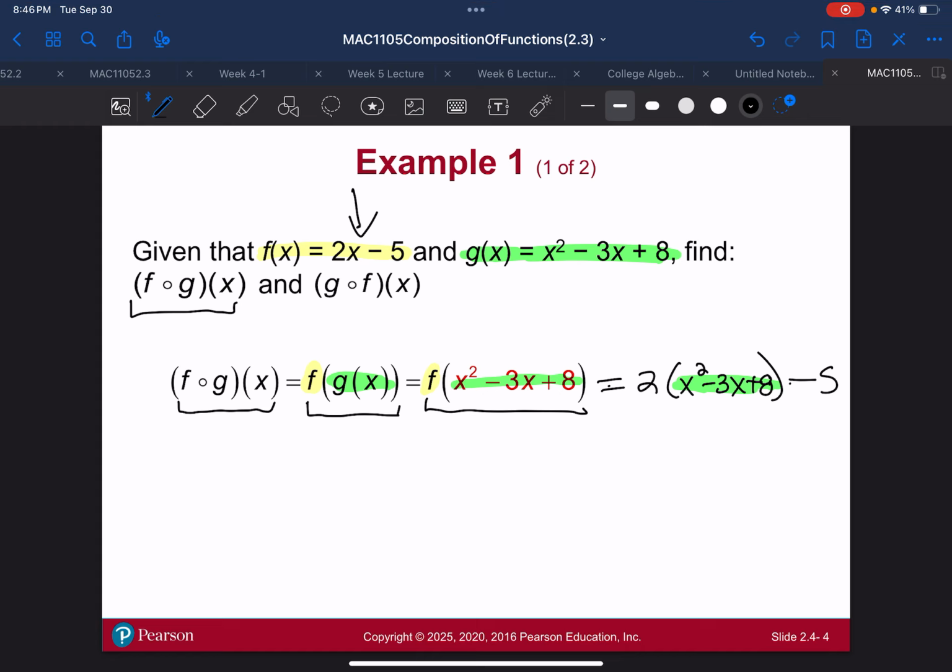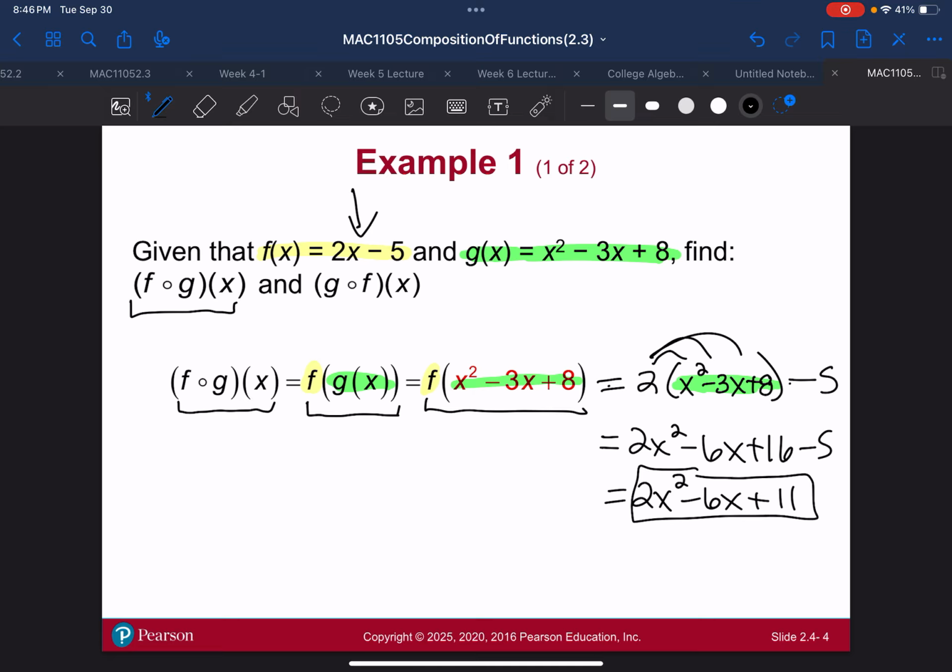Then of course I would distribute this and simplify. To get this as my final answer, which is 2x squared minus 6x plus 11. Okay, so now we're going to go to the next slide and find g of f of x.